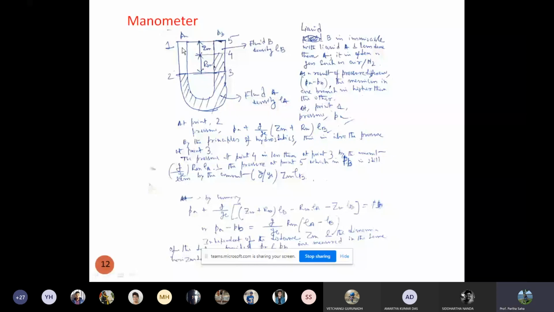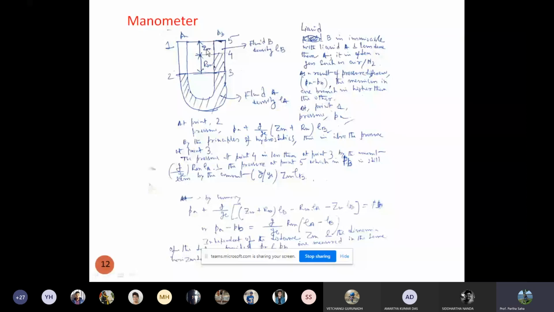Now by the principle of hydrostatics, this is the same pressure at point 3, because point 2 and point 3 are on the same plane. So the pressure at point 3 should also be this. Now what will be the pressure at point 4? The pressure at point 4 will be less than at point 3, because you are going up, by the amount g/gc Rm rho A, because this is the height of the liquid.